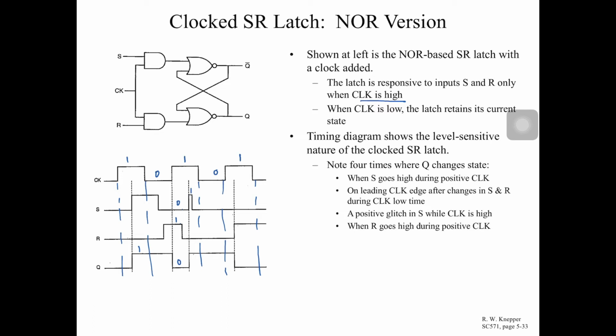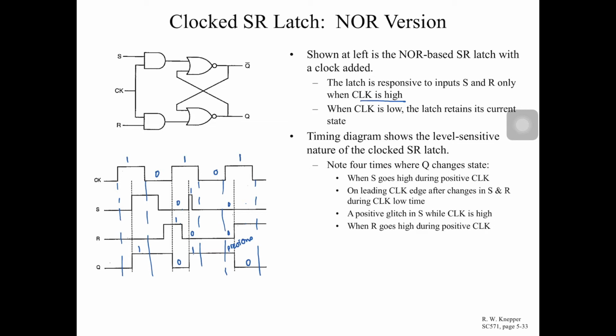Then set is high and reset is 0, so the value is 1. When reset is 0 and set is 0, it stores the previous value. And when set is 0 and reset is high, you reset the value back to 0.